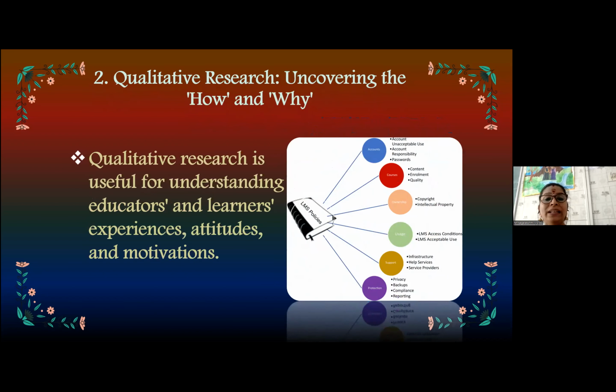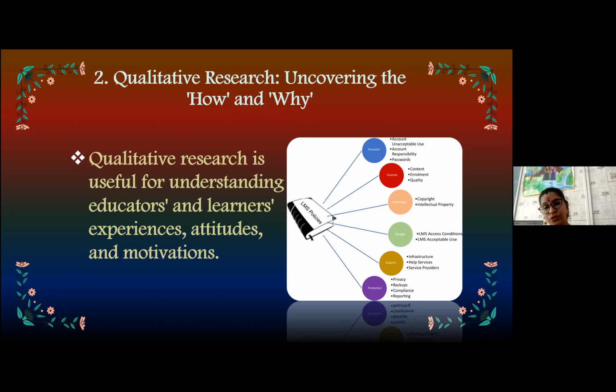So the next is qualitative research. This one is uncovering the how and why. While quantitative research answers the question what, this one would answer the questions of how and why, right? So this methodology employs techniques useful for understanding educators' and learners' experience and attitude towards LMS, right?